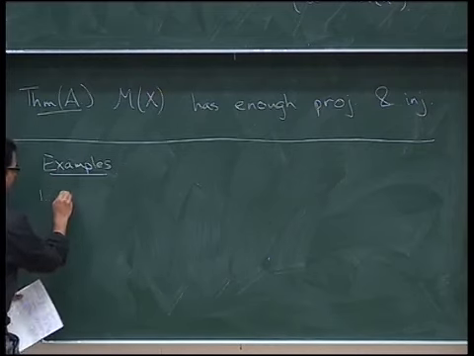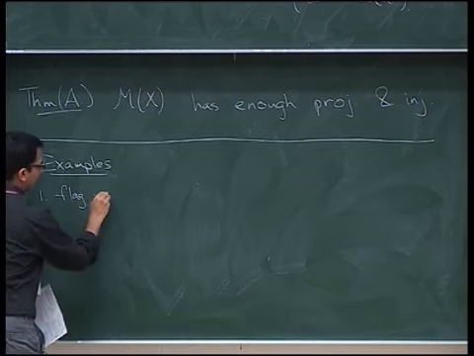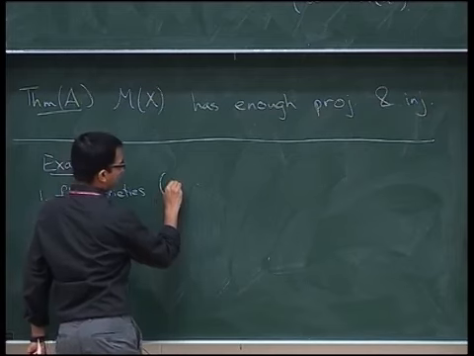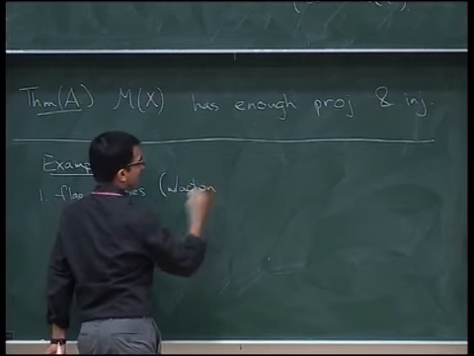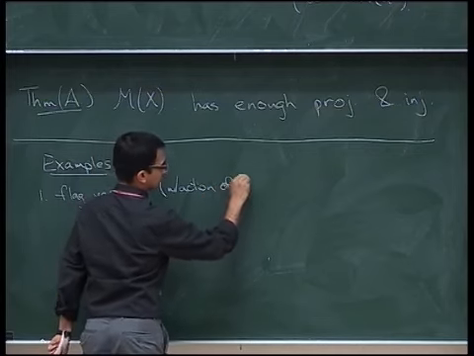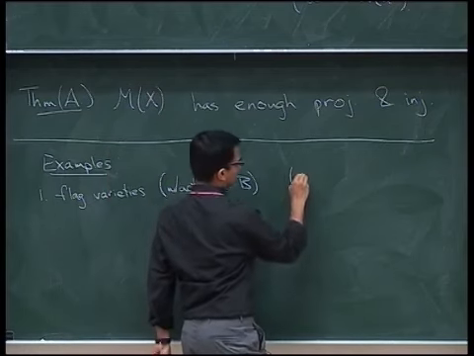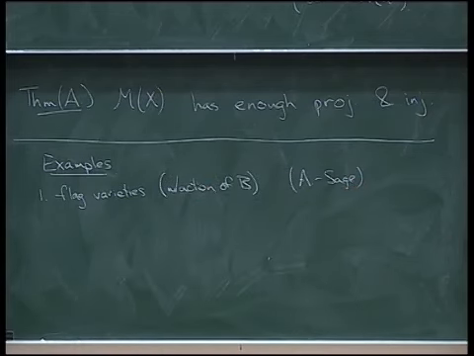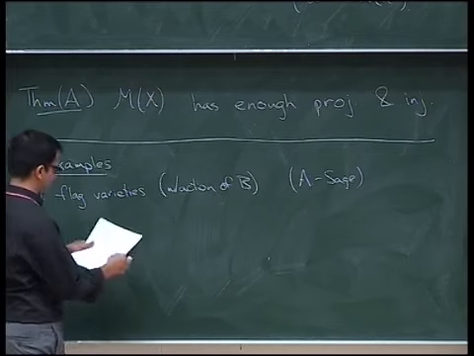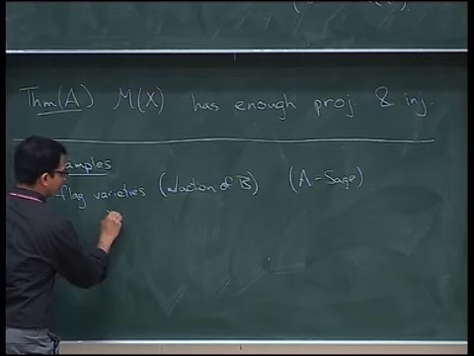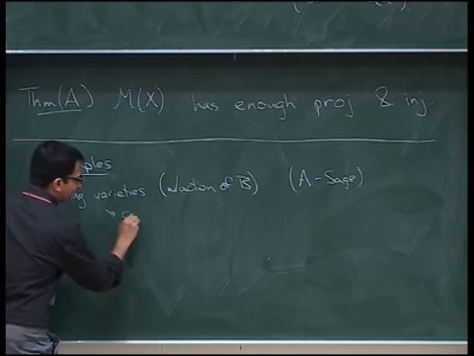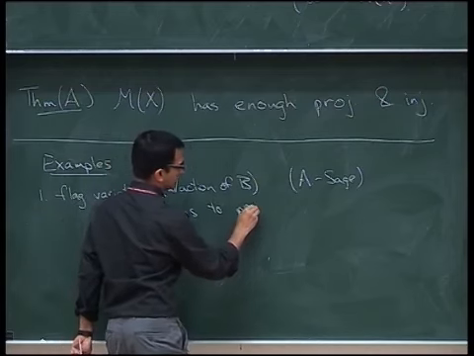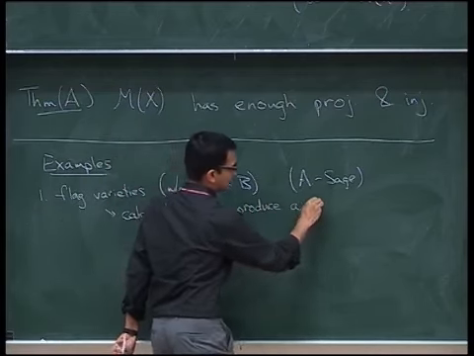So the first is on flag varieties. So flag varieties with the action of the Borel, stratified by orbits of the Borel. And this was joint work with Dan Sage, and this was quite early on in the story, and all we did here was calculations to produce a nice S structure.